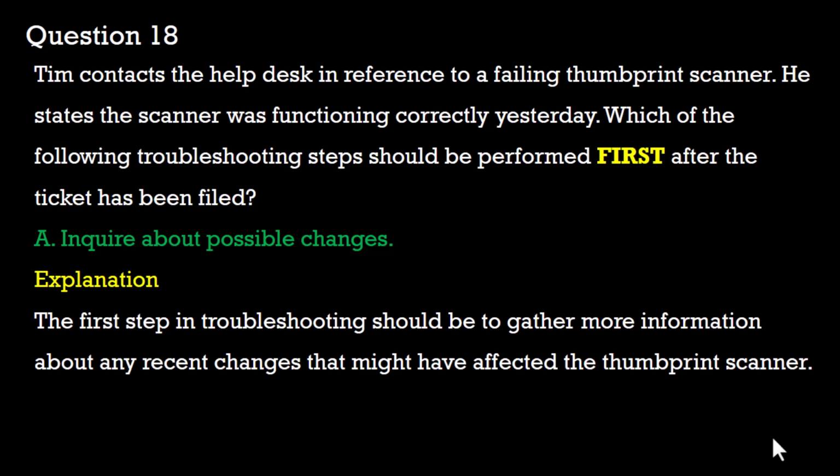So the first thing to do is to find out from the team member if anything has changed since the scanner last functioned correctly. If there have been any software updates or changes to settings, or even any physical changes to the scanner, the information provided will help to troubleshoot this issue further.